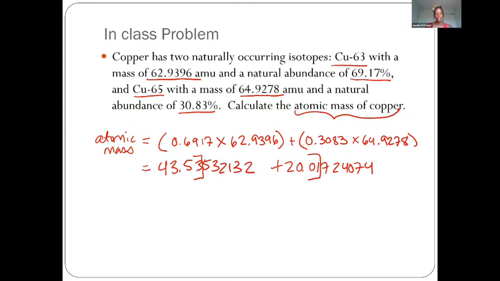Now, the last step would be adding those two together. So 43.53, et cetera, plus 20.01, et cetera. Again, carry all those numbers through to the end, and then we're going to do our rounding at the end.